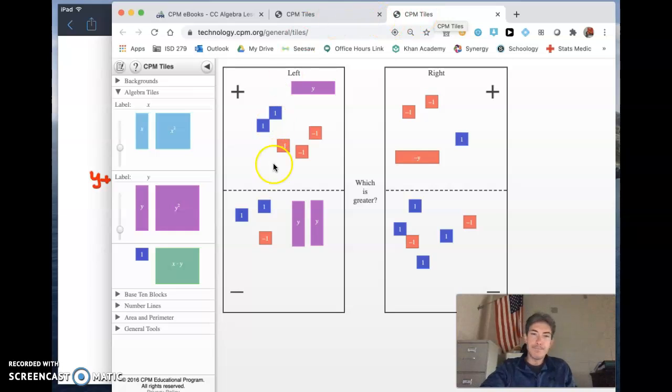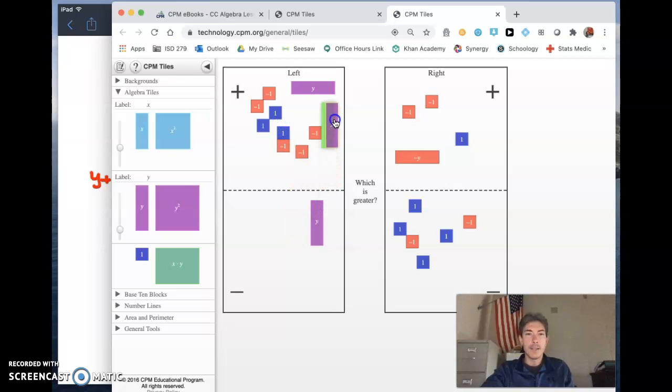Okay? We'll start the way that we always do, by dragging tiles across and creating the opposites. Okay? And you might see I've got a little strategy going on here. I'm trying to set things up so they're by some things that they might align with, right? Like creating some of those 0 pairs.